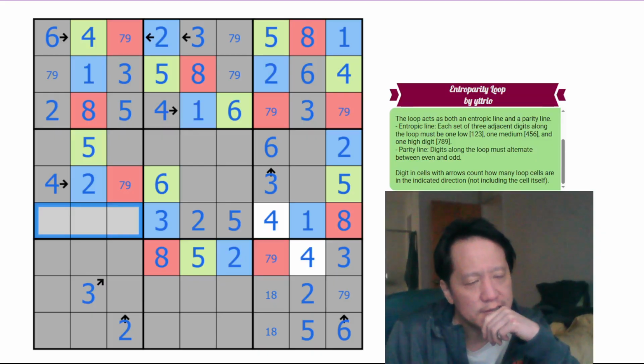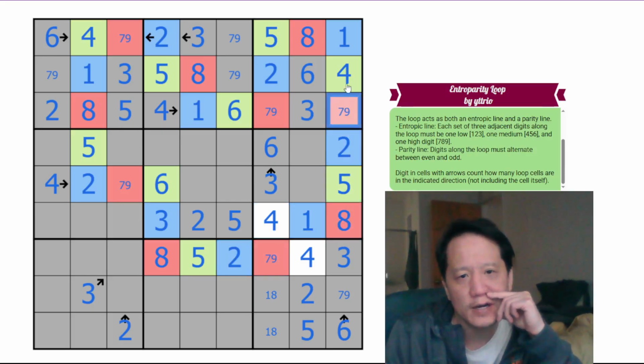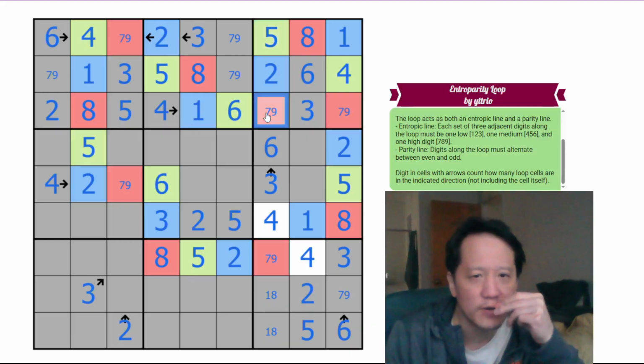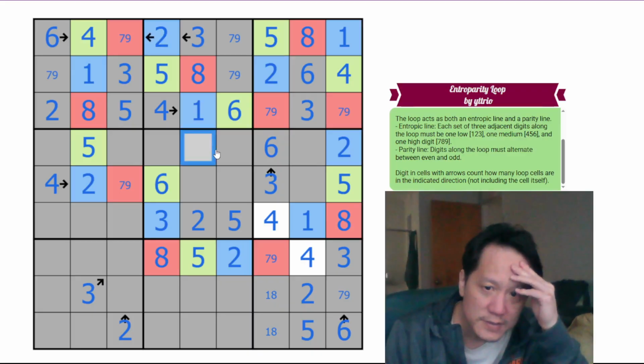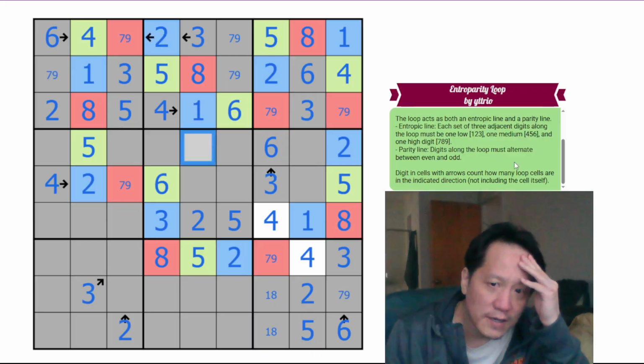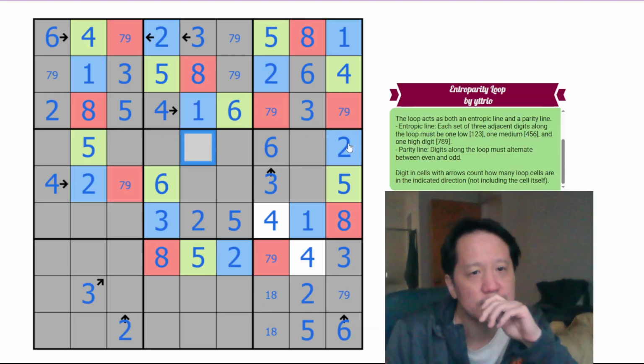That kind of sucks. High, medium, low. High, medium, low. Okay.